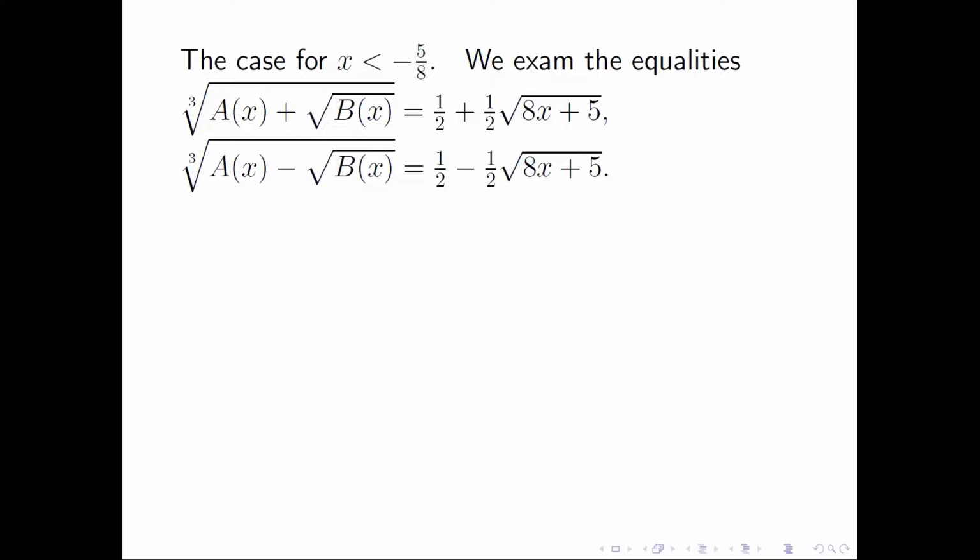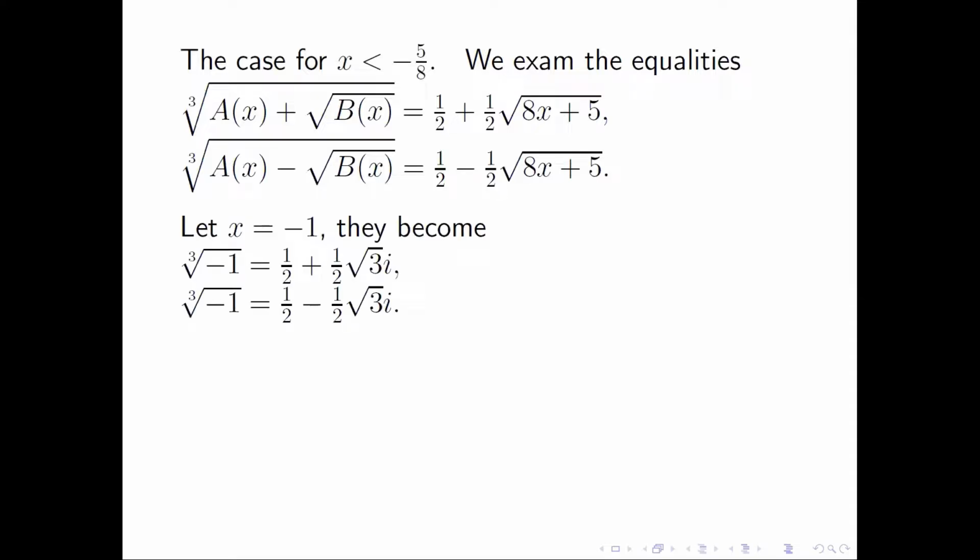Now, let's revisit the case for x equals -1. The first identity, so remember when we plug in -1, we got cubic root of -1. On the right-hand side, we got 1/2 plus 1/2 times square root of 3 times i. And we have another cubic root of -1 equals 1/2 minus 1/2 times square root of 3 times i.